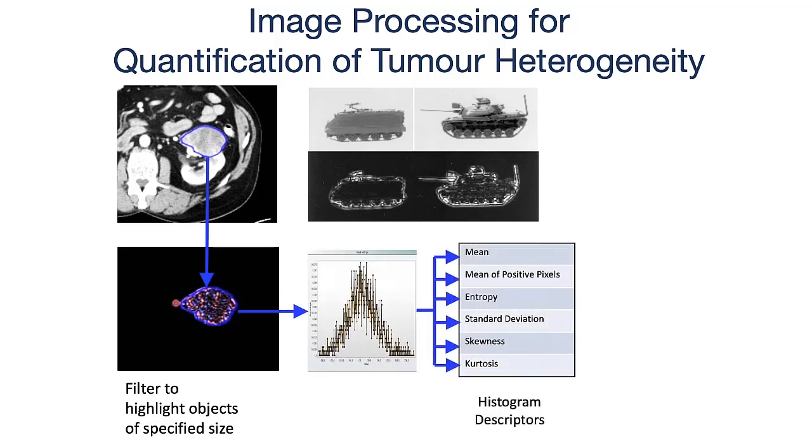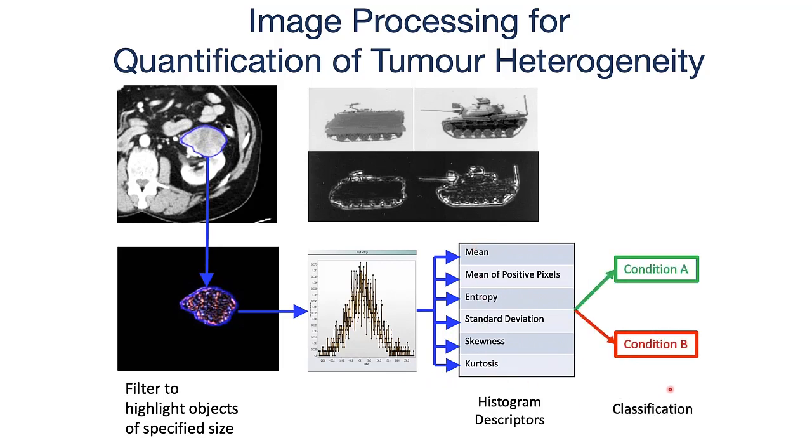We can then look at the range of values within the filtered image in the form of a histogram and derive from that a whole array of histogram descriptors, which then can in turn be used to classify the patient or the tumour into condition A versus condition B, which may be a pathological state, a tissue type, for example, or it may be a clinical outcome such as survival.